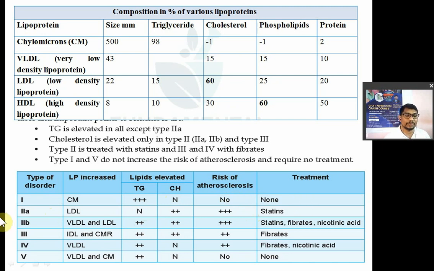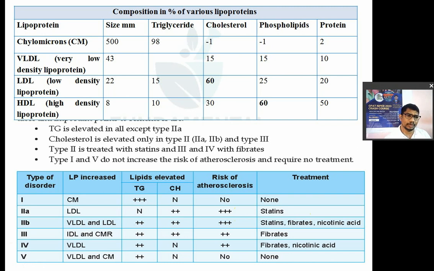Type 2A hyperlipoproteinemia is the increase in the low density lipoprotein level. In that there is no triglyceride but there is cholesterol, and that's why it has the highest risk of atherosclerosis, right? So statins are used as first line drugs in the treatment of type 2A hyperlipoproteinemia.